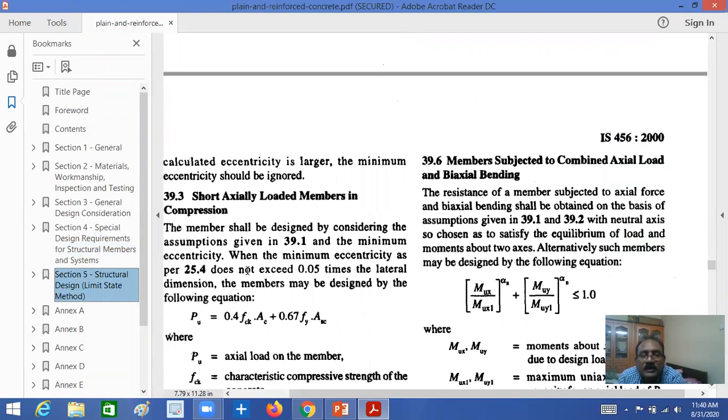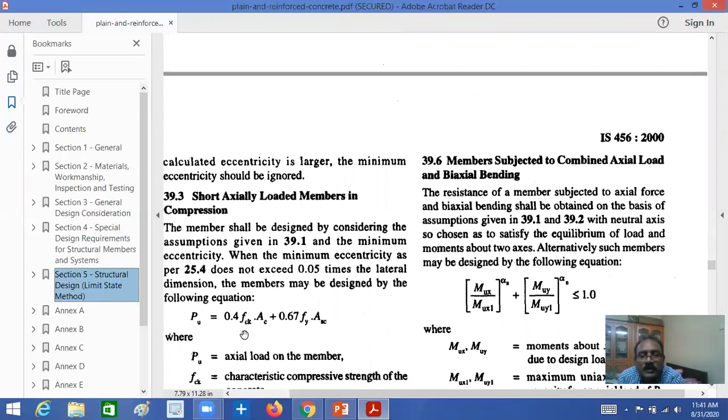When the minimum eccentricity as per 25.4 does not exceed 0.05 times the lateral dimension, the members may be designed for this equation: P equal to 0.4 fck Ac plus 0.67 fy Asc.